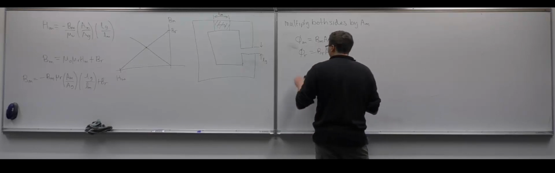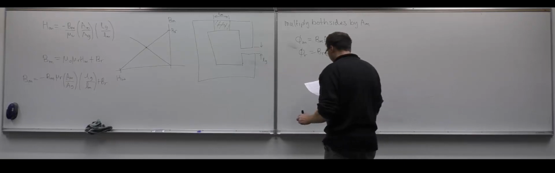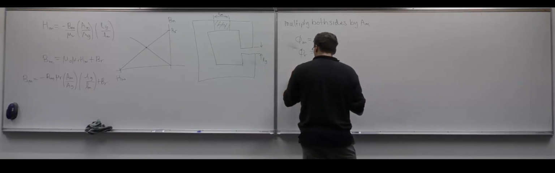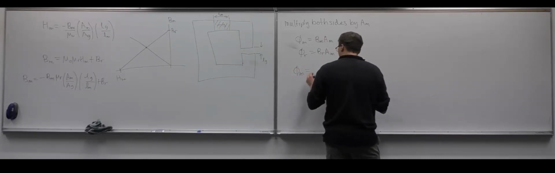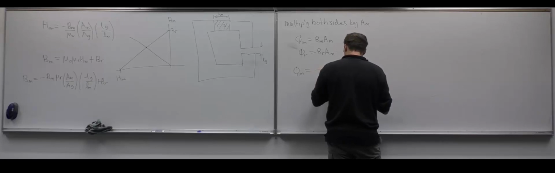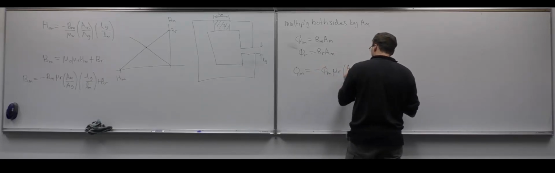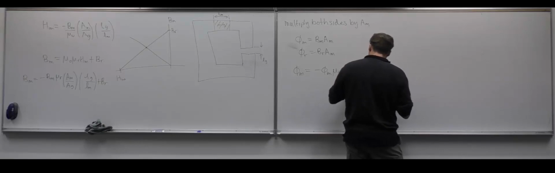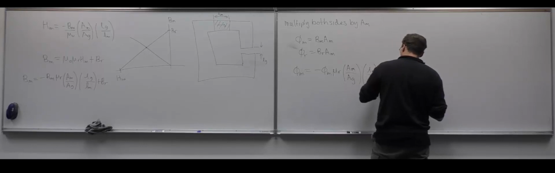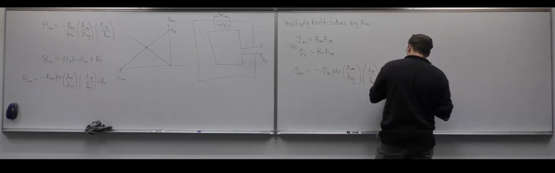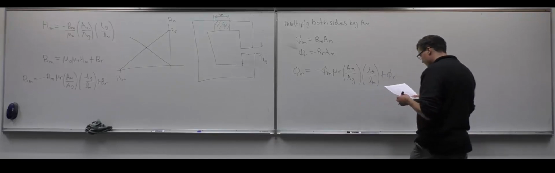So then, using this definition, where we've multiplied both sides by Am, we can then write that flux M is equal to minus flux M mu R Am over Ag times Lg over Lm plus flux sub R. Okay.